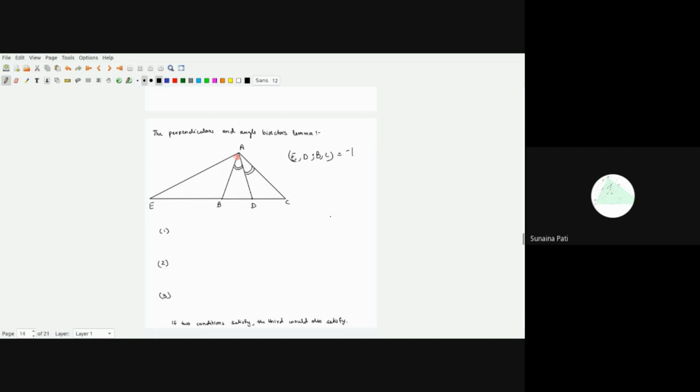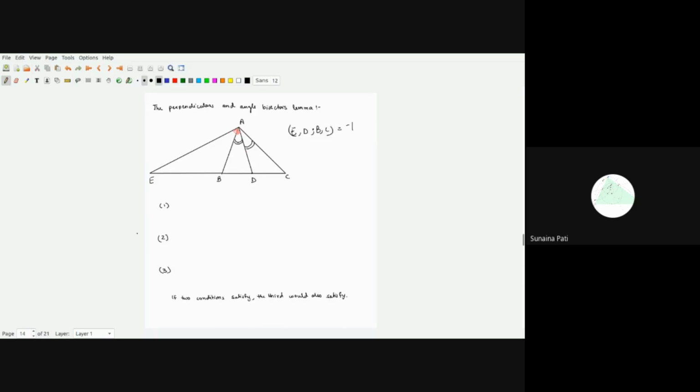Moreover, if you have (E,D;B,C) as harmonic and AD being the angle bisector of BAC, then you'll also have EAD as 90 degrees. Similarly, if you have (E,D;B,C) as harmonic and angle EAD as 90 degrees, then that would also imply that AD is the angle bisector of BAC. So if you have two of the three conditions satisfied, then the third property would also be satisfied. That is what it says.